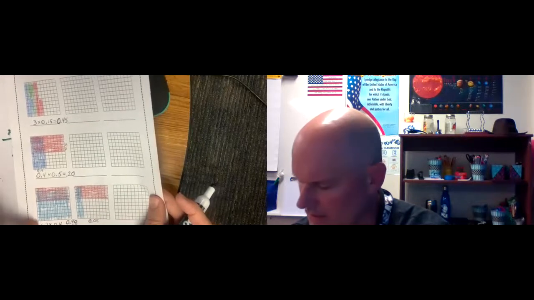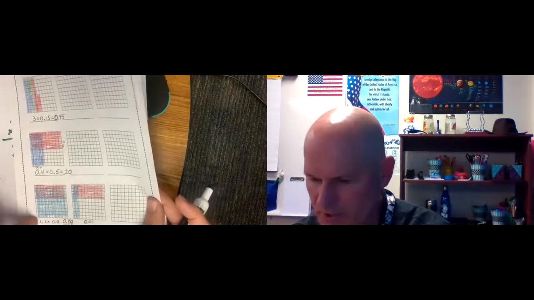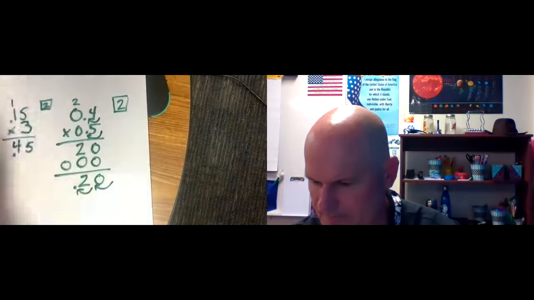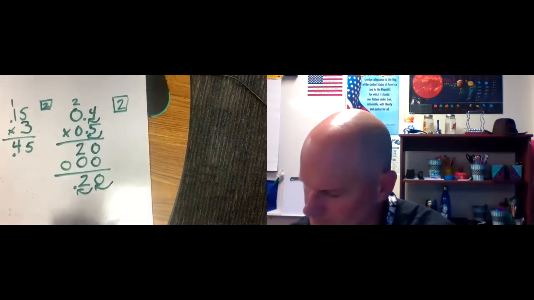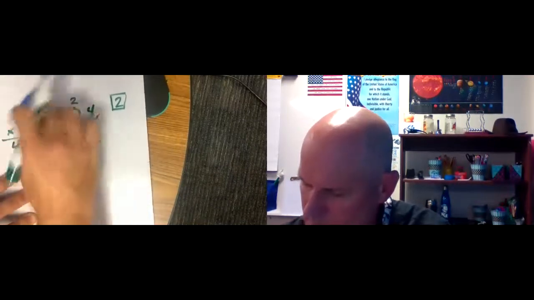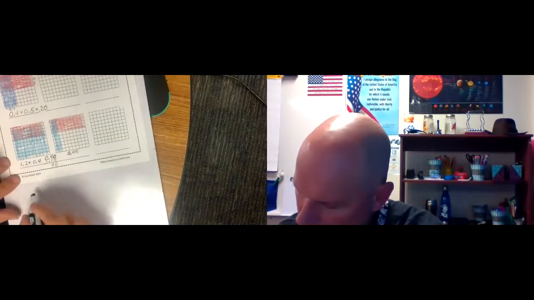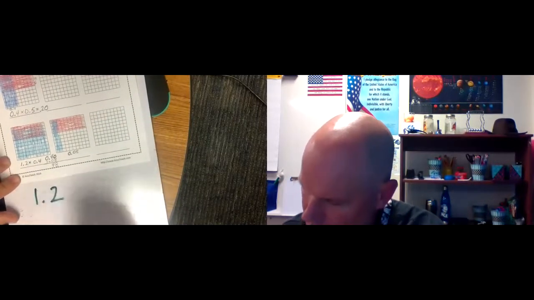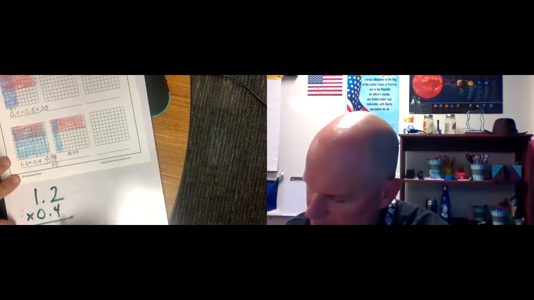Okay, last but not least, let's check our last problem here using our standard algorithm. We have 1 and 2/10 times 4/10. 4 times 2 is 8. 4 times 1 is 4.